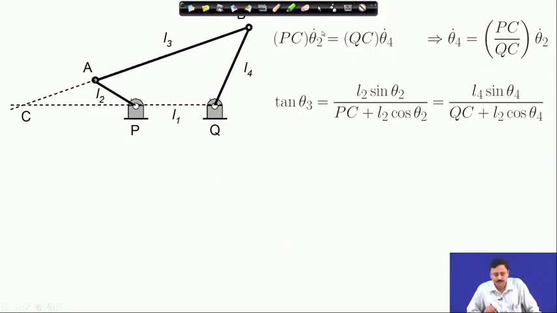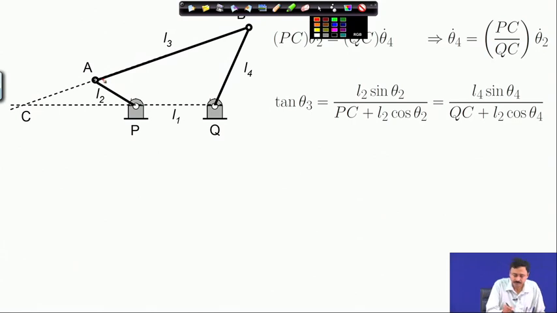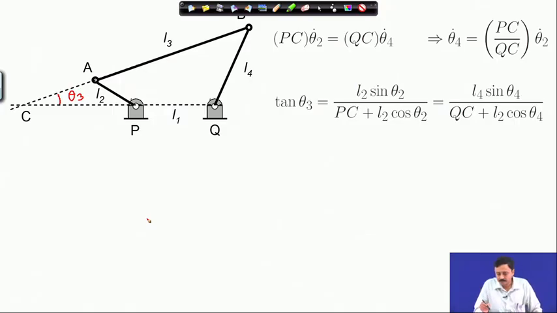So, you can very easily write the tangent of theta 3. So, this is our angle theta 3. Tangent of theta 3 is nothing but L2 sin theta 2. Remember that this is theta 2.